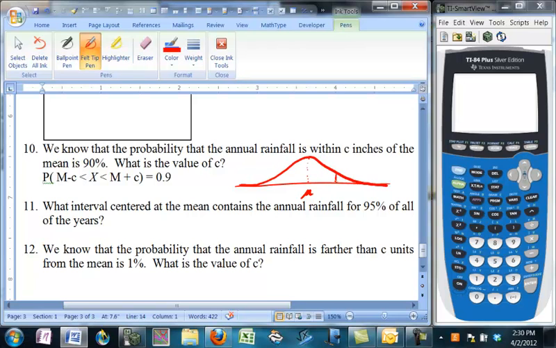Here is mean plus c, and over here is mean minus c. This area right there is 0.9. I'm going to call this 0.9 p. This area is p over 2, or in our case, 45%.